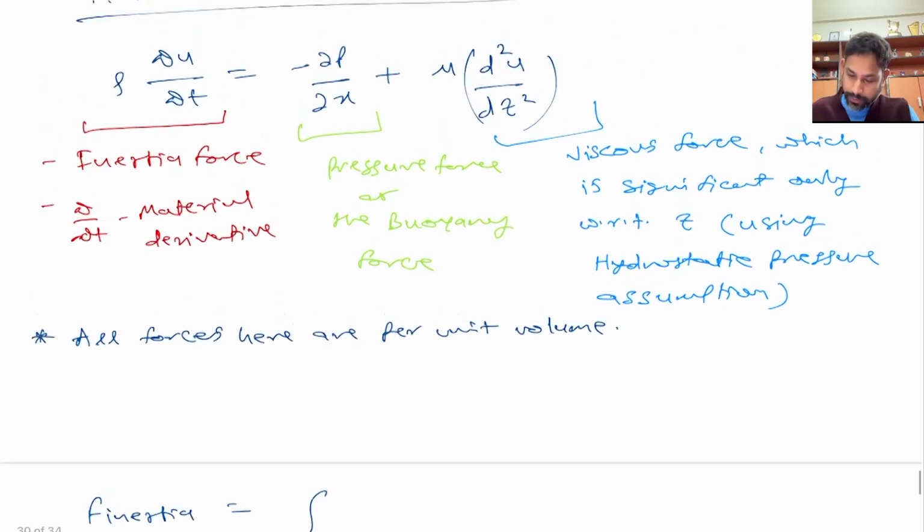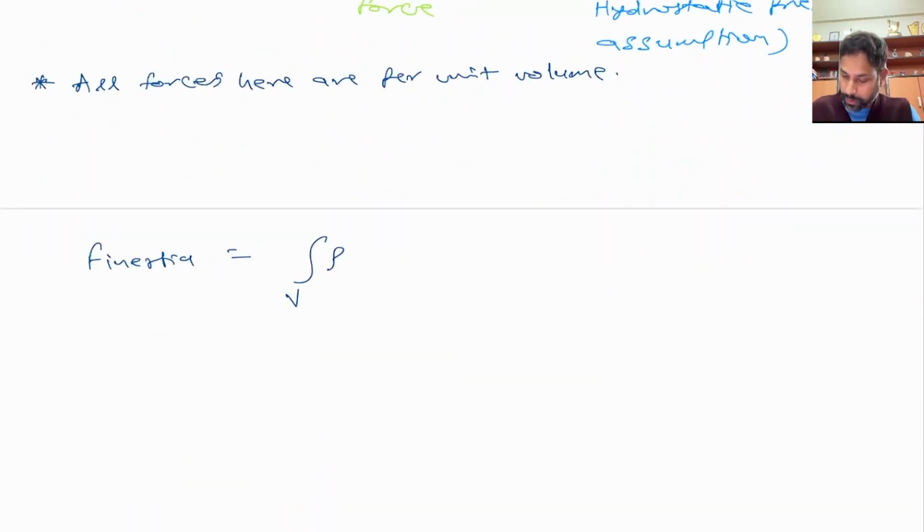So for complete volume it will be rho du by dt dx dy dz. Let's consider a small elemental volume within the gravity current and say that for that small volume this is the force, and we have to integrate it for the complete volume, right?